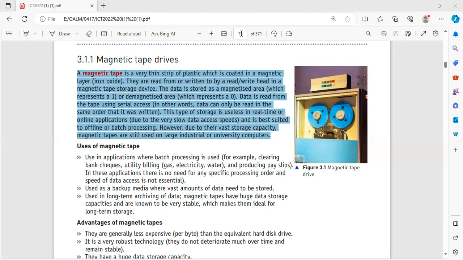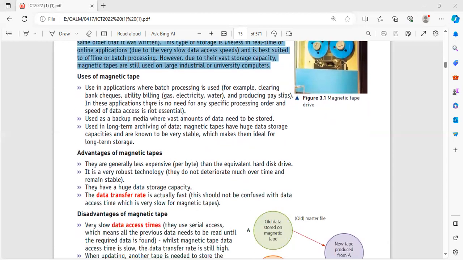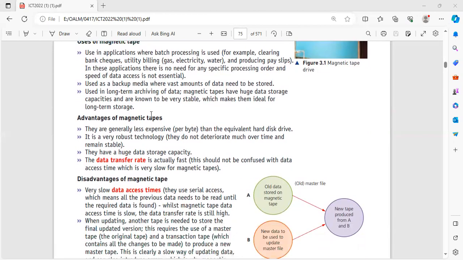Yeah, it says that magnetic tape is coated in a magnetic material, and the information is stored as magnetic areas, which are ones, and non-magnetic areas, which are zeros. It is currently not very much in use for online purposes, but because it has a lot of storage capacity, it is used for university computers and large industry computers. So here the uses of magnetic tape are given, and the advantages.